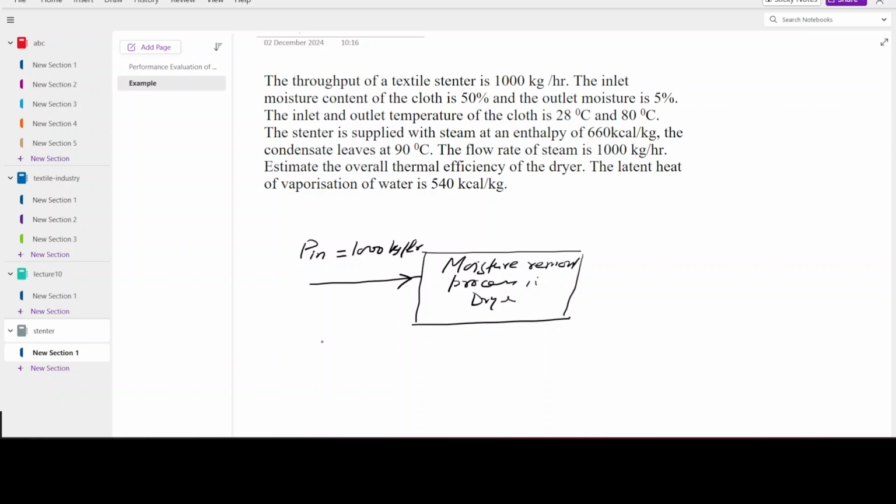The moisture content of the cloth is 50%, means X is 50% and the outlet moisture is 5%, means Y is equal to 5%. P out we don't know.